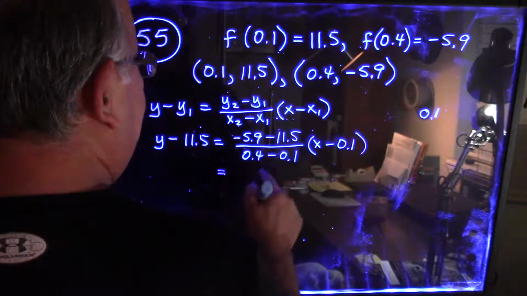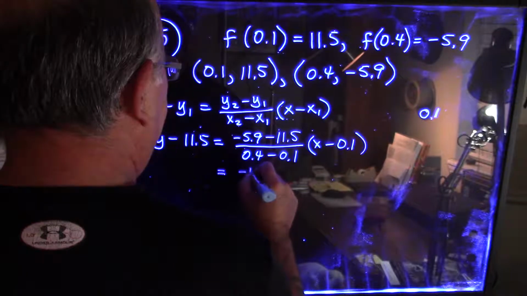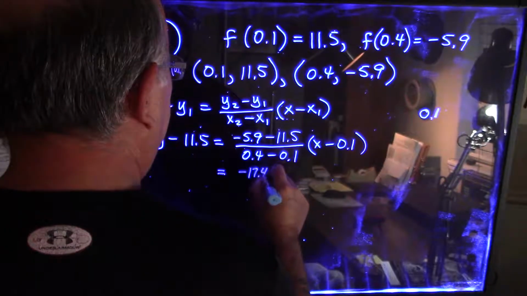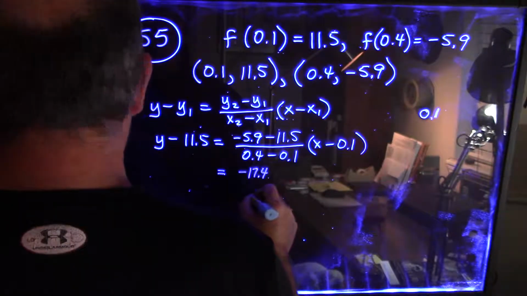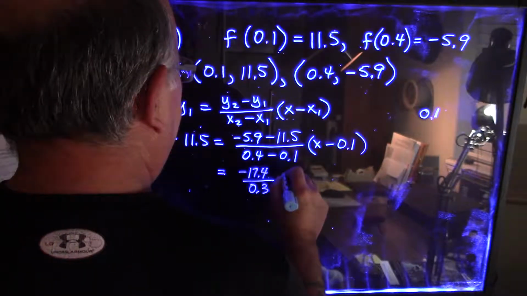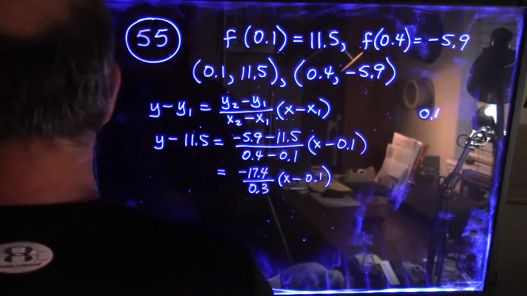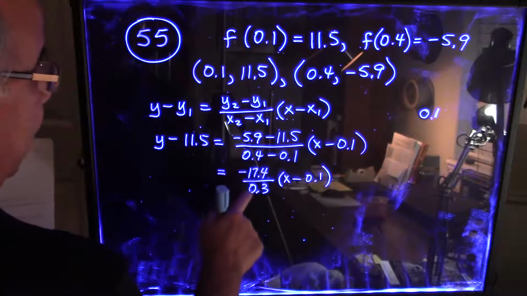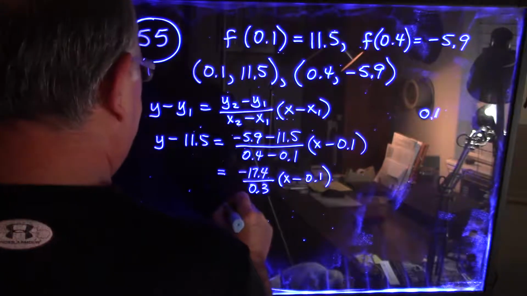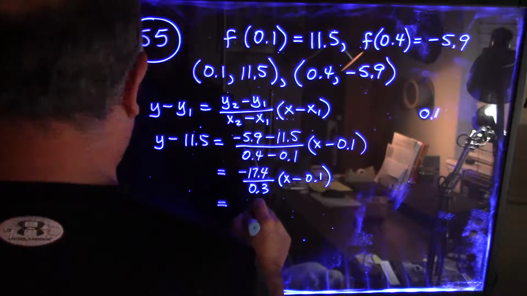Okay, so negative, let's see. I put that in my calculator. I got negative 17.4. And then on the bottom, that's 0.3, of course, times x minus 0.1. All right, so this turns out to be a nice little integer there. Put that in your calculator, you get negative 58.